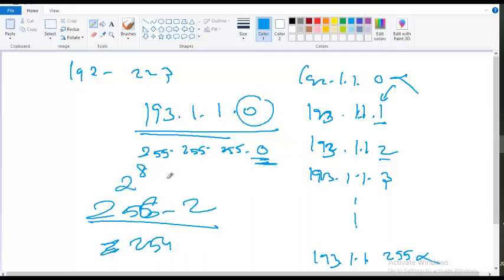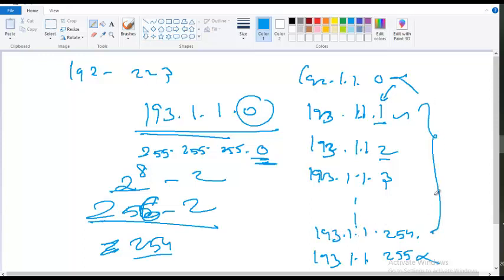So 2 to the power of 8 minus 2. 2 to the power of 8 is 256. 256 minus 2 is 254. So from 1 to 254, this company will receive IP addresses.